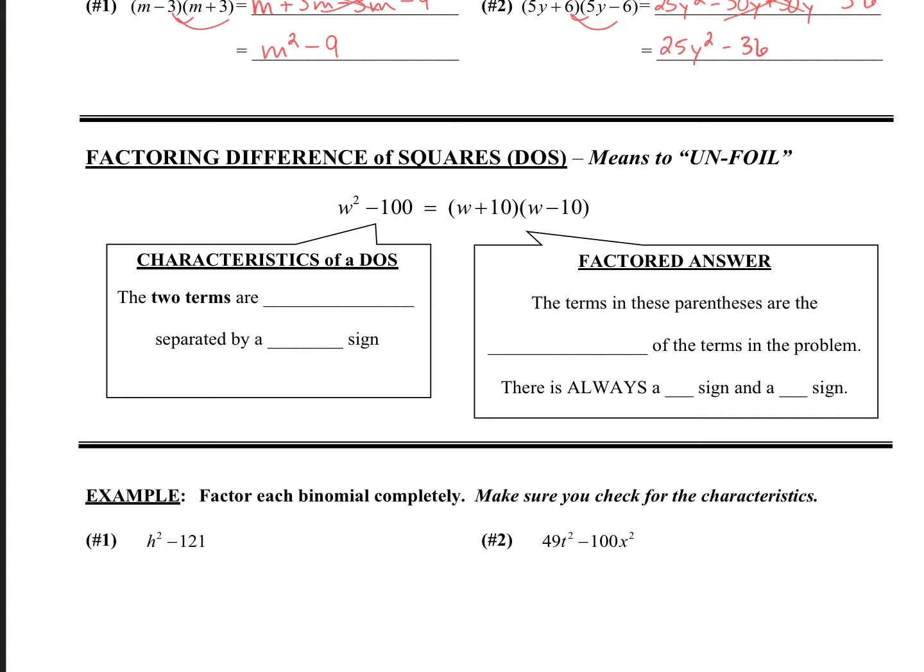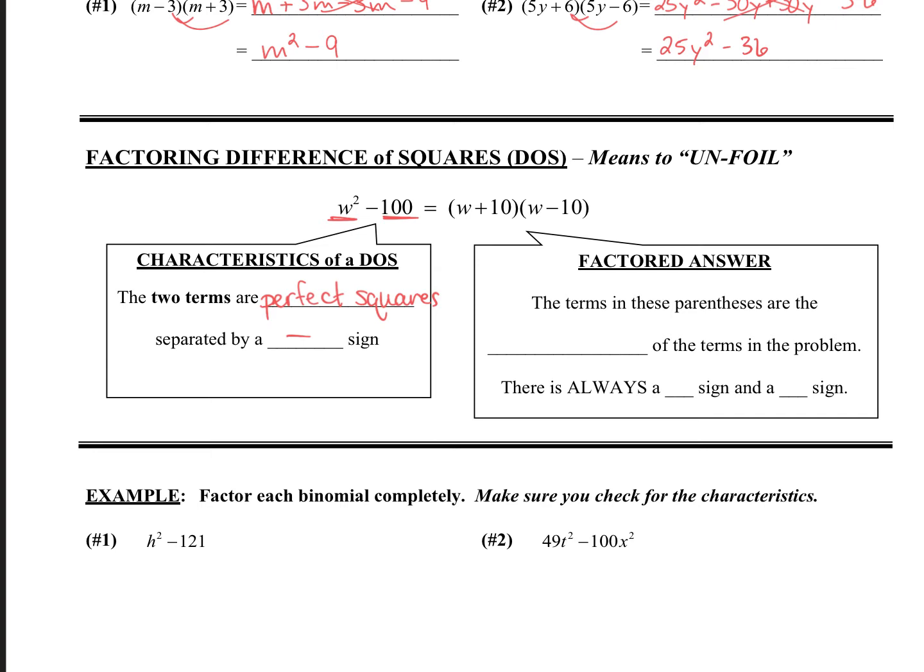This w squared, because it's something squared, is a perfect square, and 100 is also a perfect square. And they are separated by a subtraction sign. Difference of squares means we are subtracting two perfect squares.